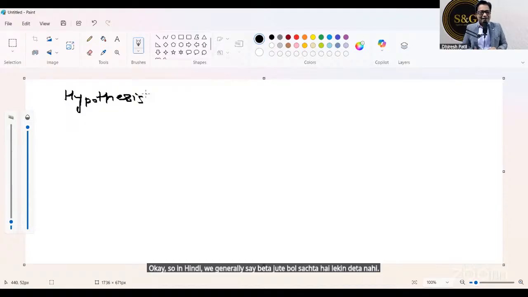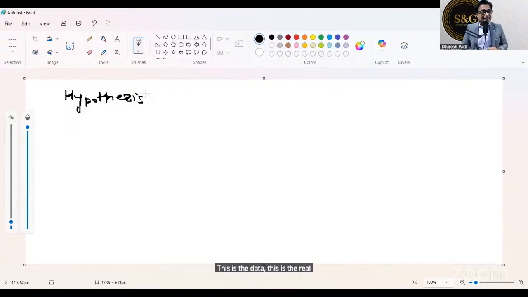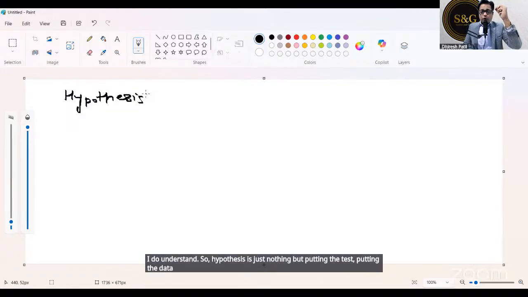Your son can say, I am going to college regularly, but the attendance report from the college cannot lie that he is not attending and is bunking the lectures. This is the data. This is the real fact. So hypothesis testing is nothing but putting the data to prove your assumption.